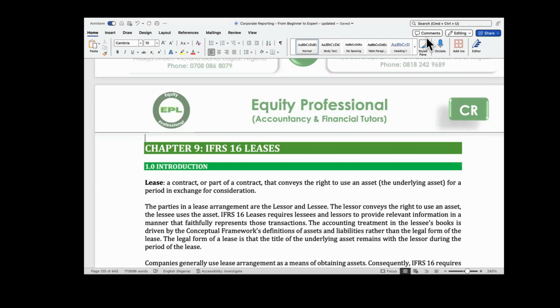The lessor is the owner of the asset. The lessee has right to use the asset.